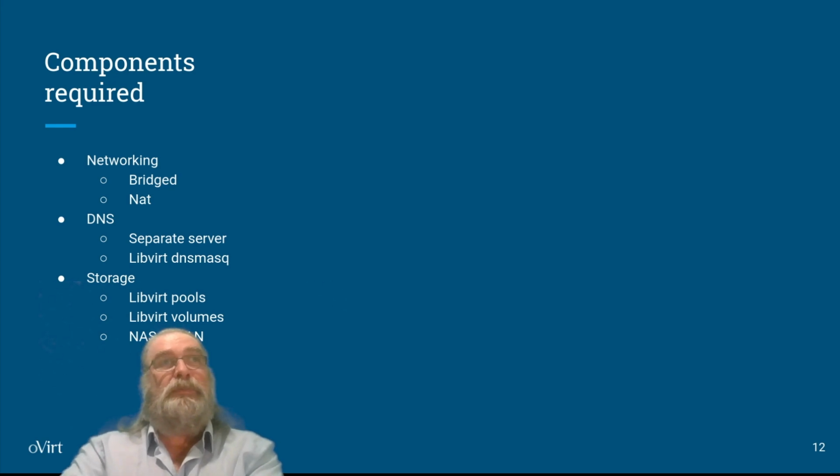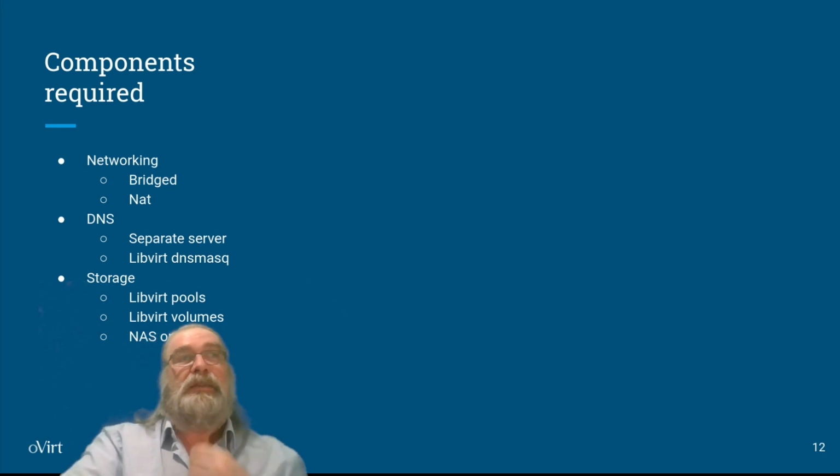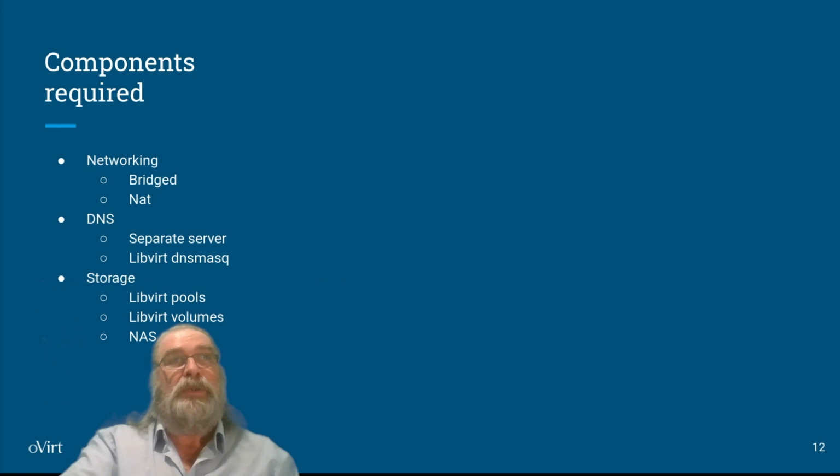So some of the components required are networking, and it's probably better to use, if you've got a standalone system, bridge networking if you need to access the network outside of the virtual infrastructure on your host.